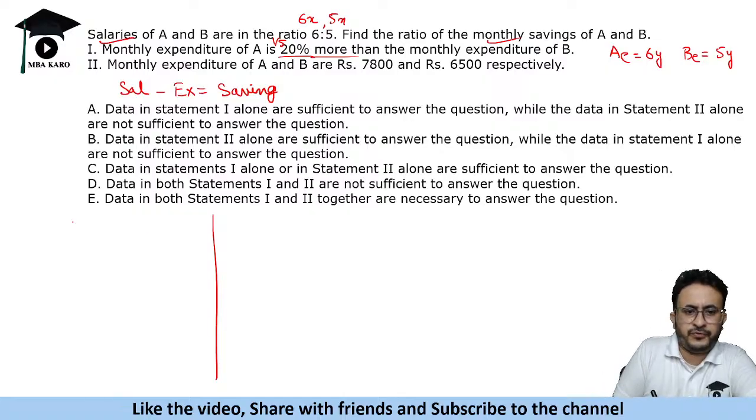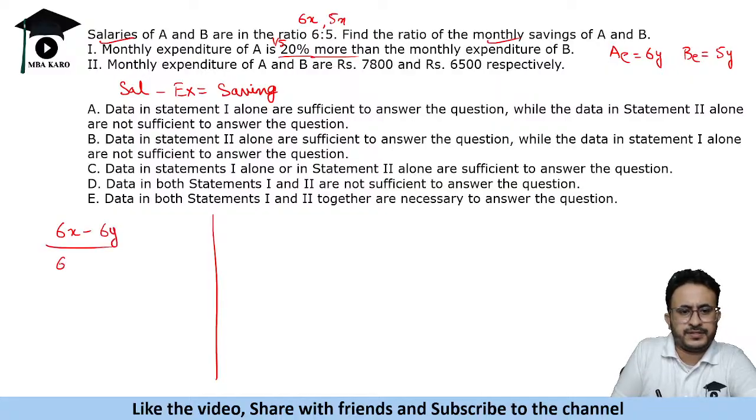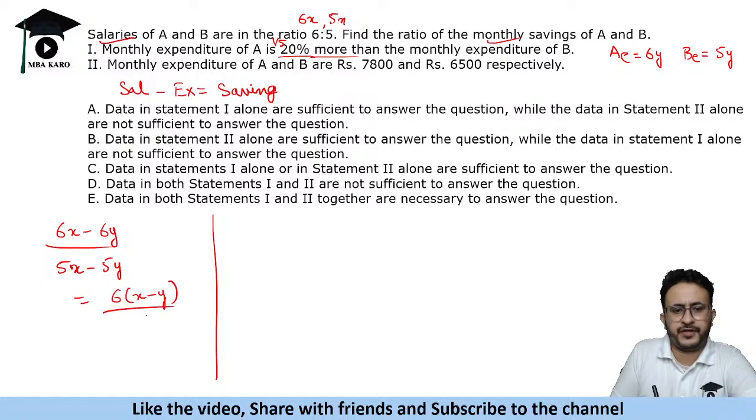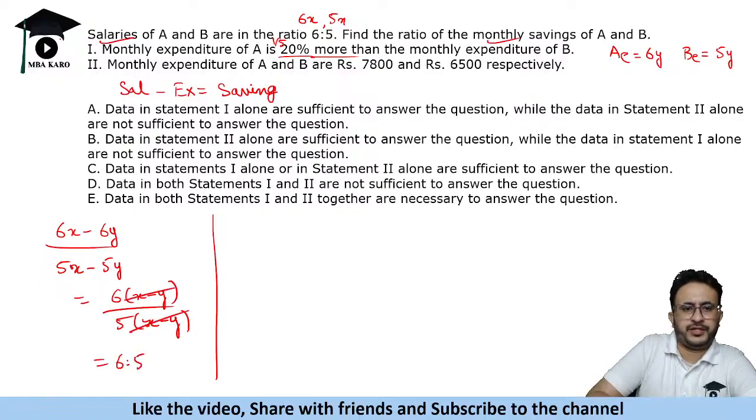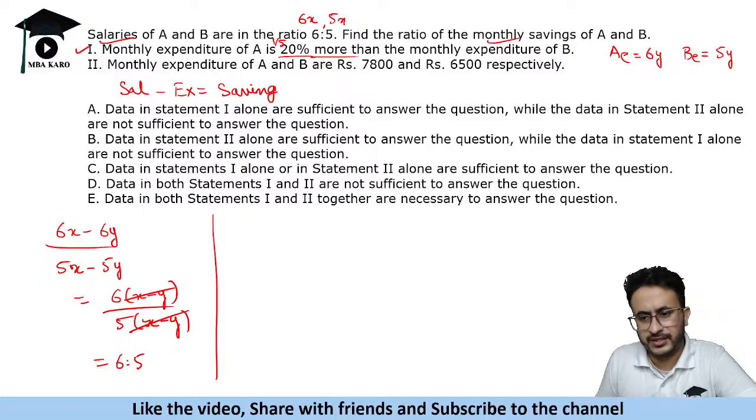Now if you use the first statement alone, so 6x minus 6y upon 5x minus 5y. So we get 6 times of x minus y upon 5 times of x minus y. So we get 6:5.